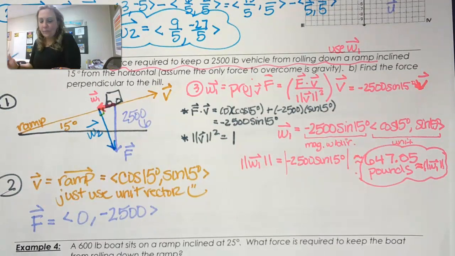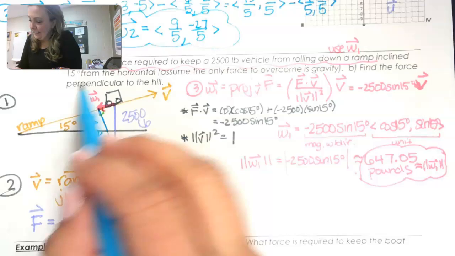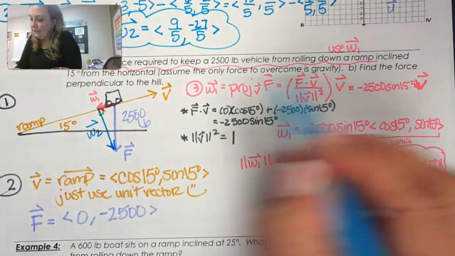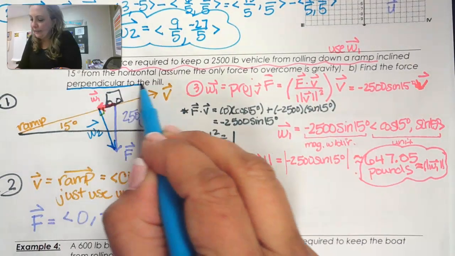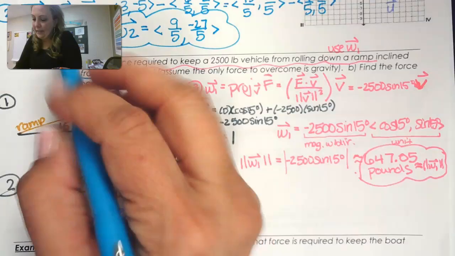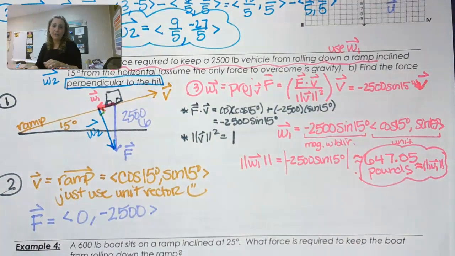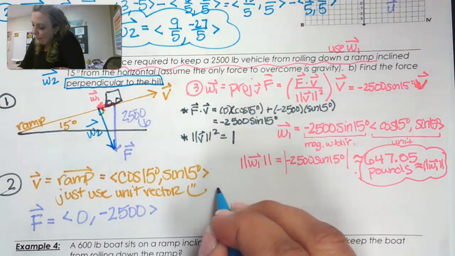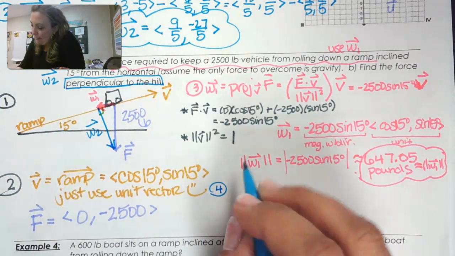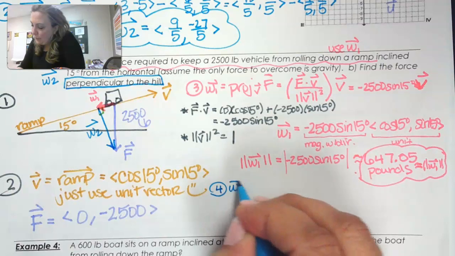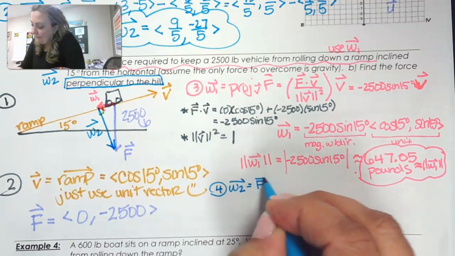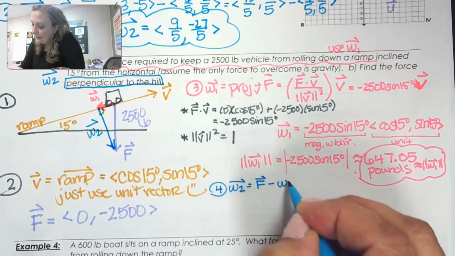Now the last thing, letter B, says find the force perpendicular to the hill. Well, perpendicular to the hill means that that's going to be that orthogonal vector, W2. And one of the things that we noticed is that we can find W2 by taking F minus W1.